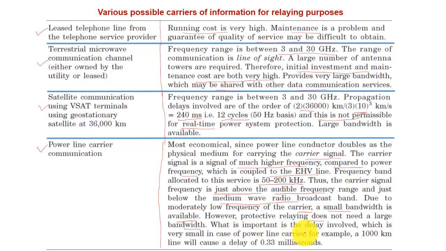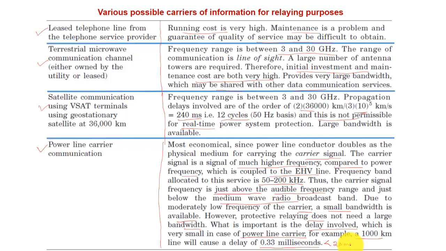What is important is the delay involved, which is very small in the case of power line carrier. For example, a 1000 kilometer line will cause a delay of 0.33 millisecond, which is very small compared to the 20 millisecond time period of the power frequency signal.